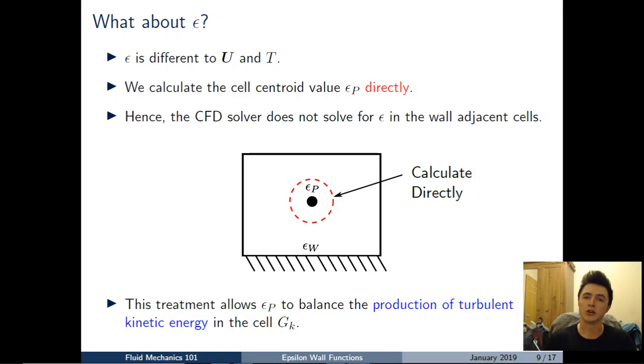So to ensure that the dissipation rate, epsilon p, balances that production of turbulent kinetic energy in the wall adjacent cell, we calculate the value of epsilon at the cell centroid directly. This is the reason that we use a different treatment for epsilon. But what value are we going to assign epsilon? That's what I'll show you next.